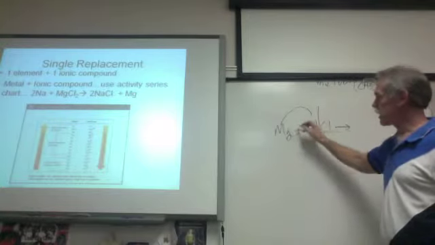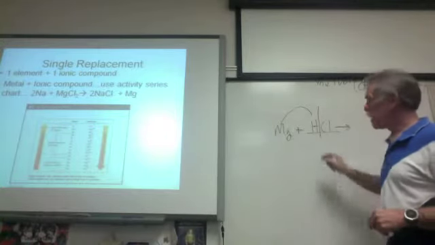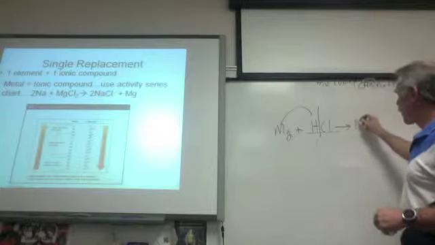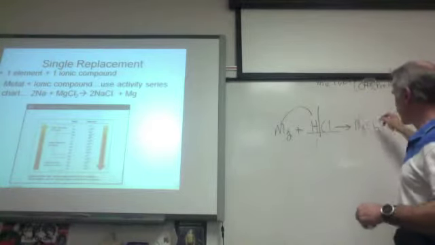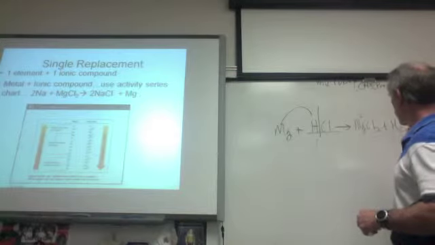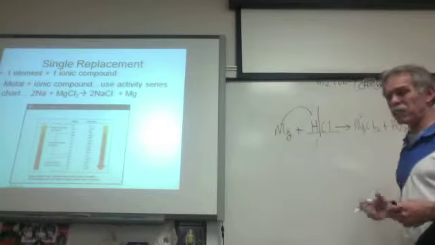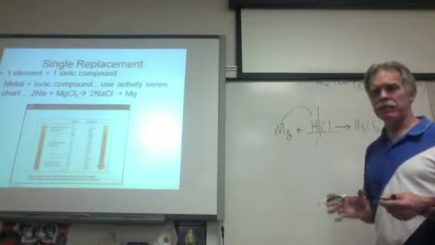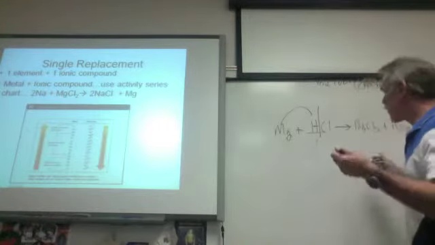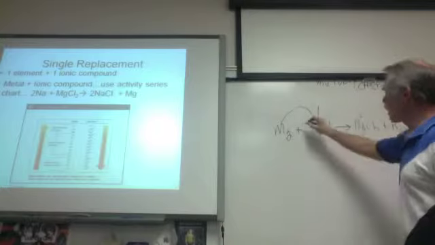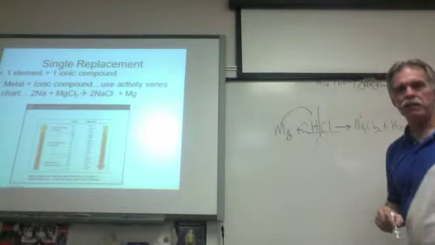In this case, magnesium kicks hydrogen out. Now we're going to have Mg with Cl, and we crisscross that and get MgCl2 plus H2. Remember, the H2 is H2 because hydrogen is one of the diatomics. It doesn't sit by itself as H. It has to be H2. And then we balance it. 2 H's, 2 Cl's, we put a 2 in front of the HCl.